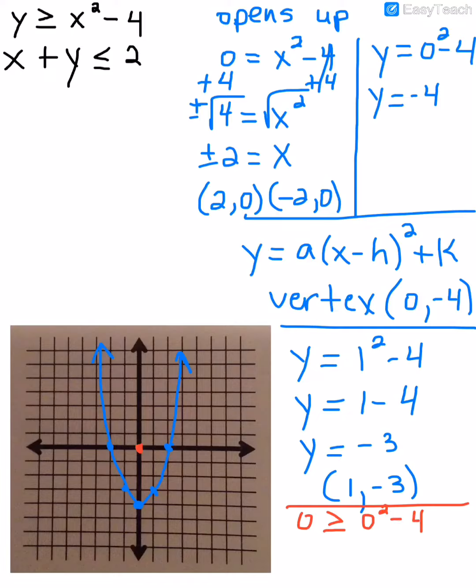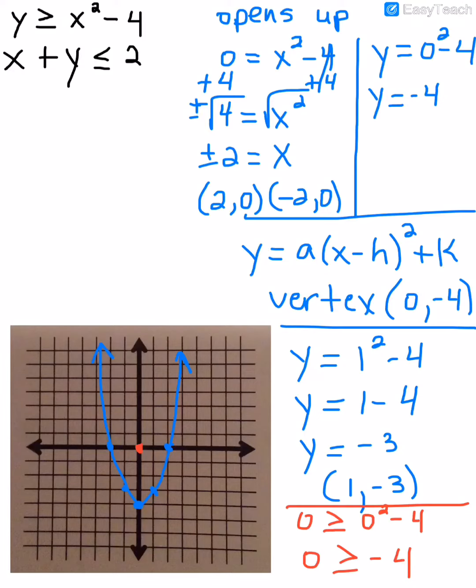If I simplify that, I get 0 is greater than or equal to -4. That's true. So that means where that point is, (0, 0), that's the true section of the graph. So that means everything inside the parabola is also true.